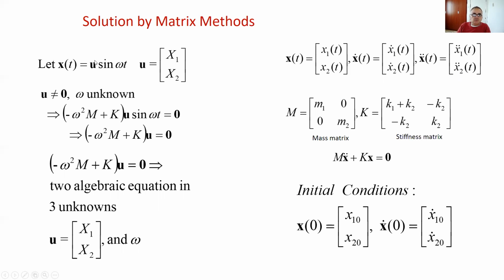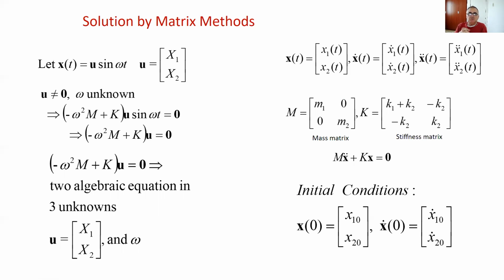So how we solve it is, on the left-hand side, we assume a solution, a harmonic solution. Well, we don't know whether the solution is harmonic, we assume this. And the vector u is basically the amplitude of the vector x, so it is x1 and x2. First of all, this u is not zero, definitely, and this omega term is unknown.